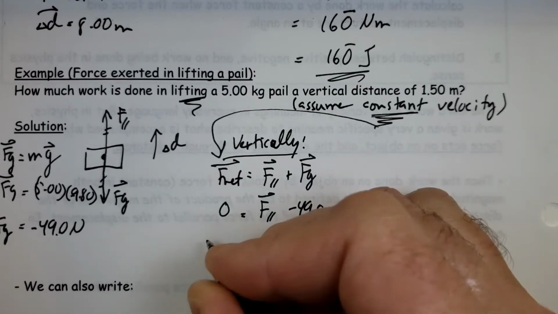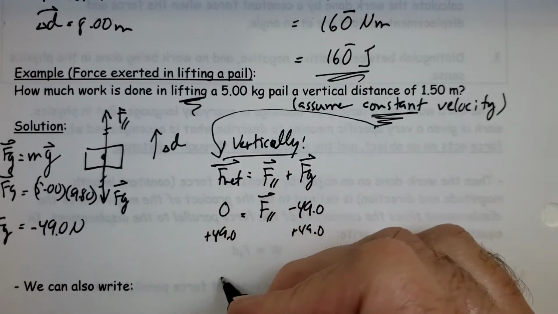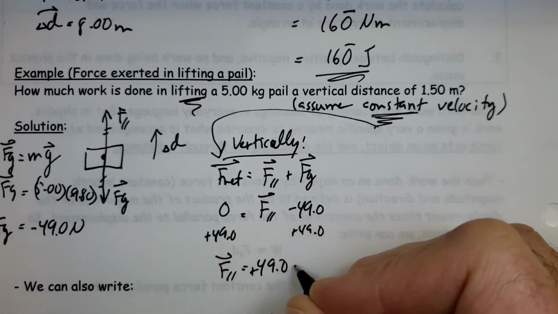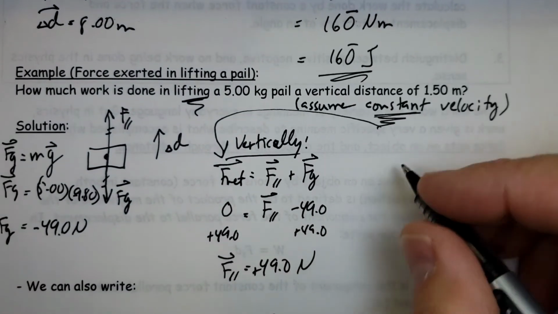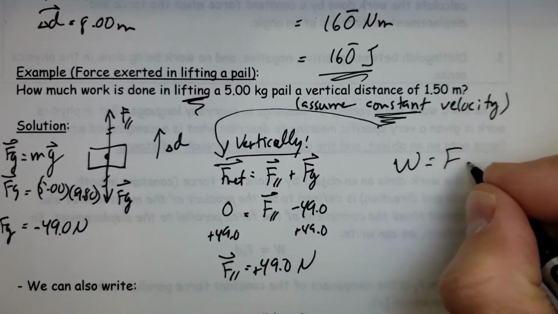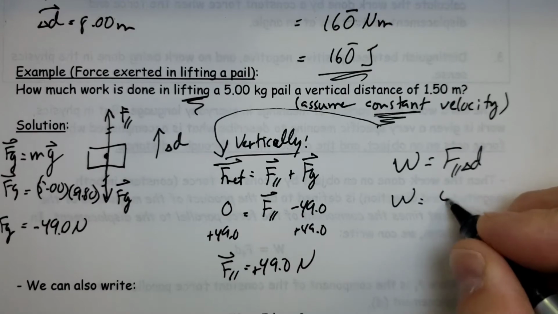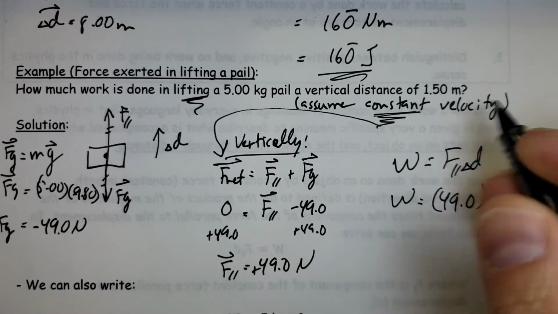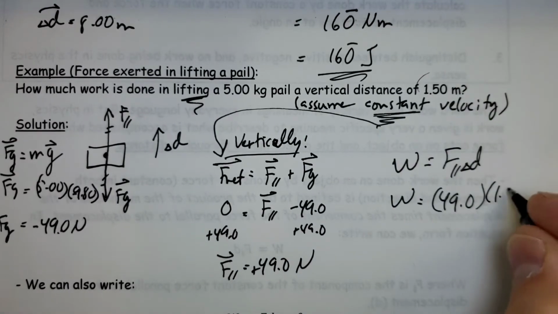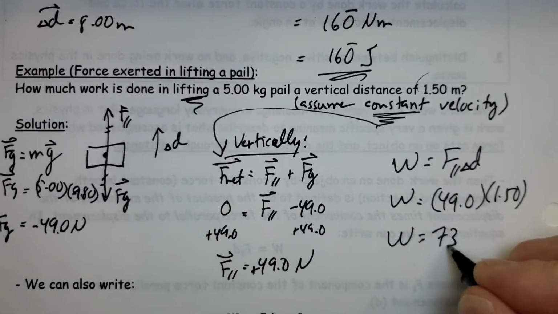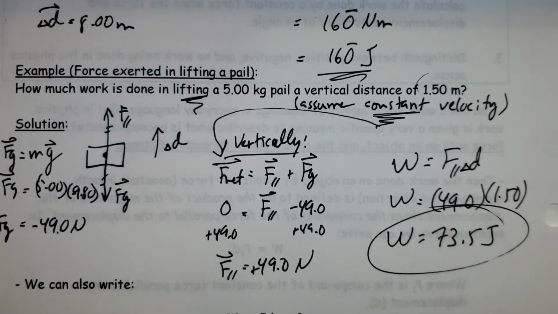So add 49 to each side, and of course, F parallel must be 49 in order to lift that object straight up. So W equals force multiplied by d. So exerting 49 newtons a distance of 1.5 meters, it works out to be 73.5 joules.